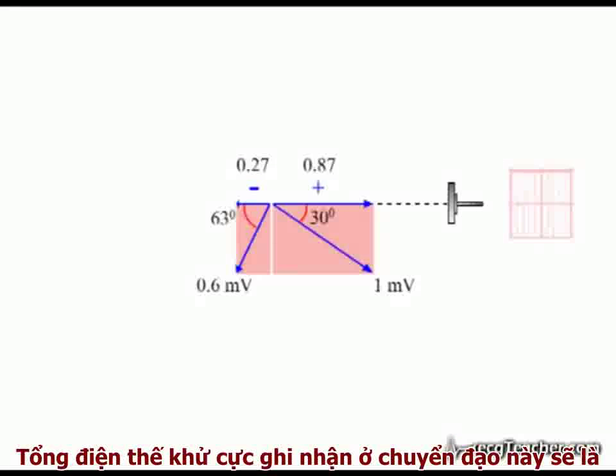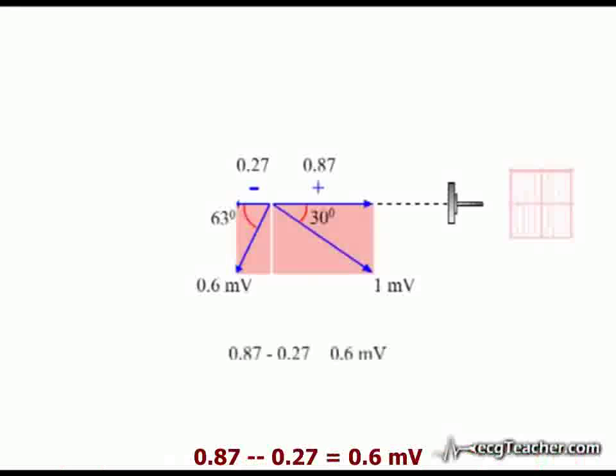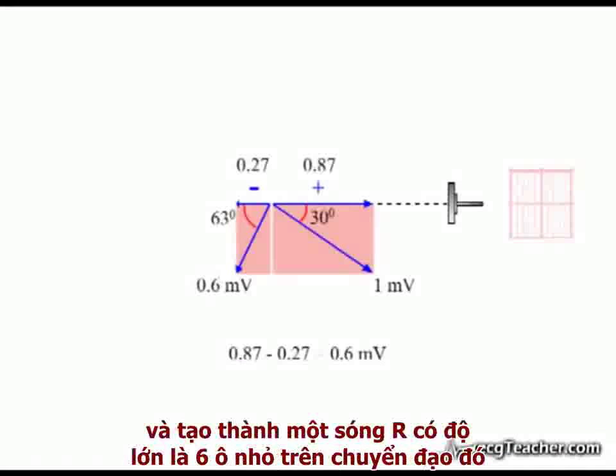The total depolarizing signal recorded by the lead is therefore 0.6 millivolts, a positive overall signal producing a strong R wave of 6 small squares in our model readout.